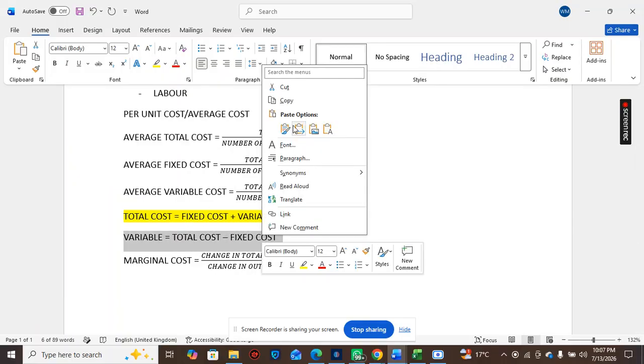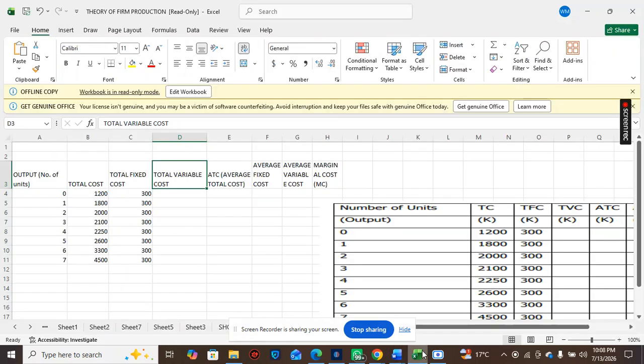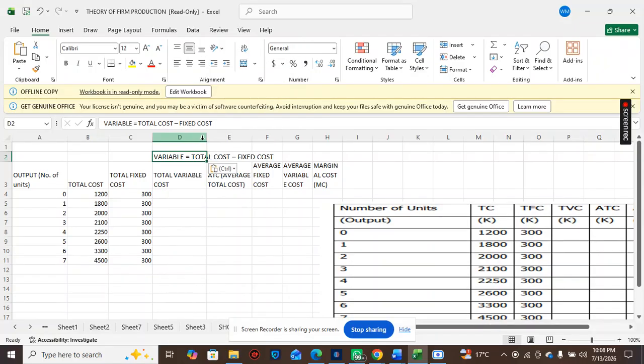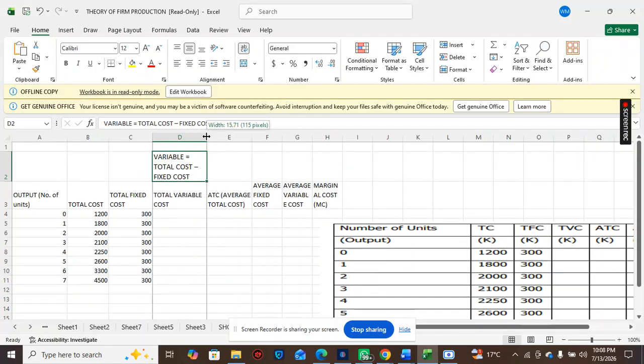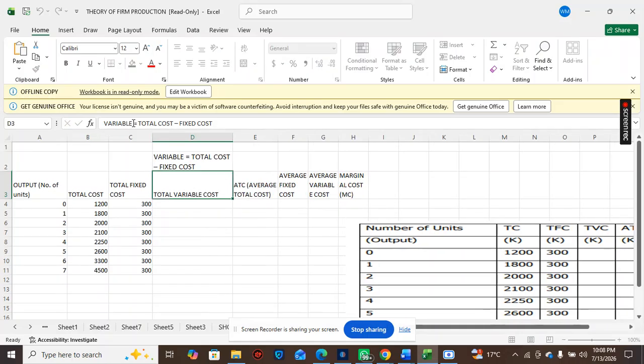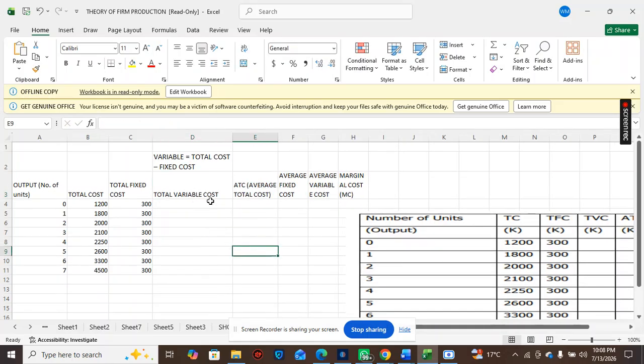Variable cost equals total cost minus fixed cost. So we're going to be subtracting our fixed cost from our total cost to get our total variable cost.